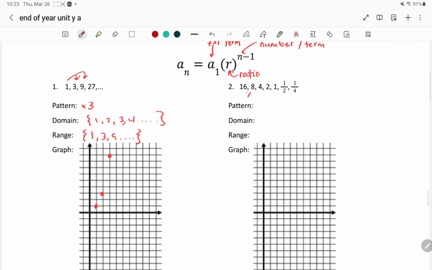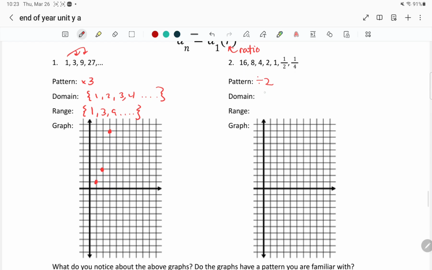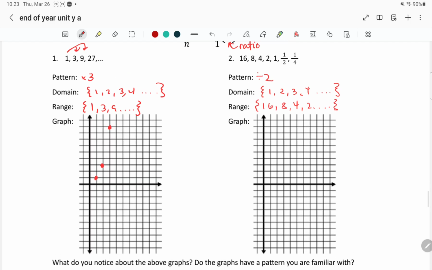This time, I'm dividing by 2. My domain is still the counting numbers, 1, 2, 3, 4. And my range is 16, 8, 4, 2, and so on. All right, I don't think my graph goes up to 16, but it's up there somewhere.